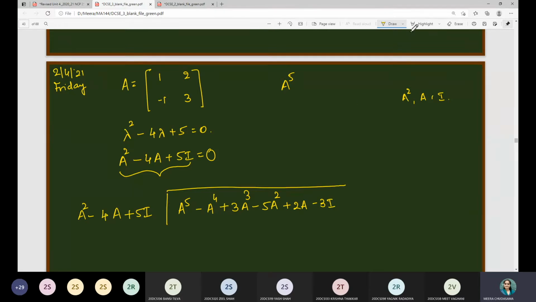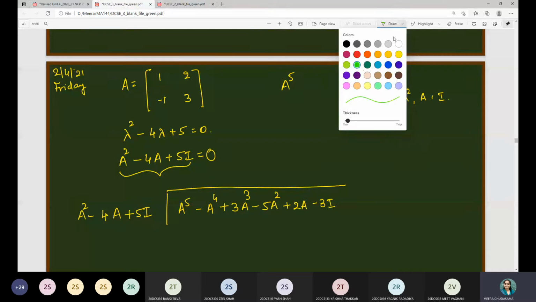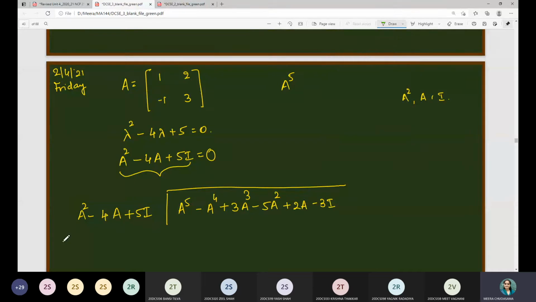So in that case we have to multiply this quantity with A cube. तभी तो वो A raised to 5 बनेगा and corresponding to this term we will have a 0, right? So here I will write this quotient as A cube. In that case, this expression will become A raised to 5 minus 4A raised to 4 plus 5I into A cube, that is plus 5A cube.